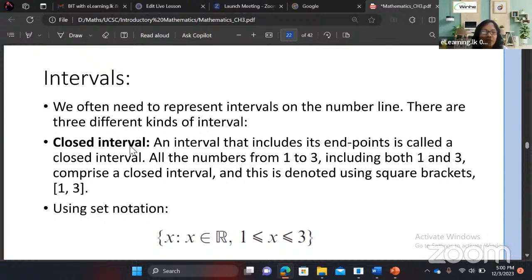The value of x can include both values. What does that mean? It's just like what we have written in this one.